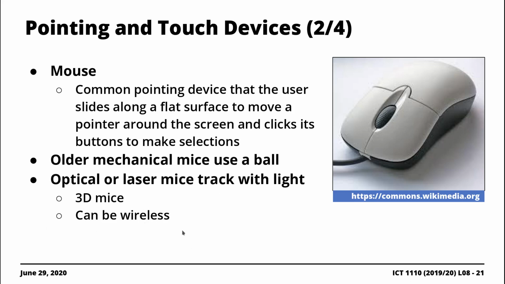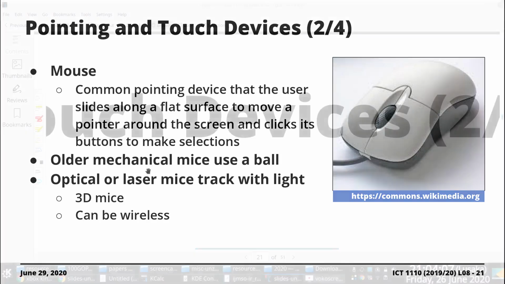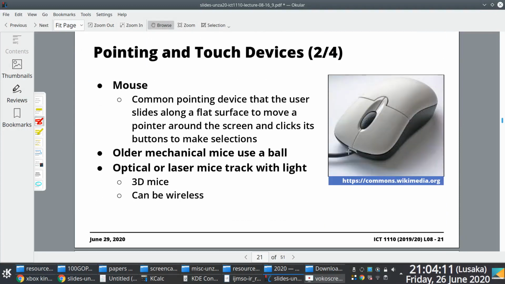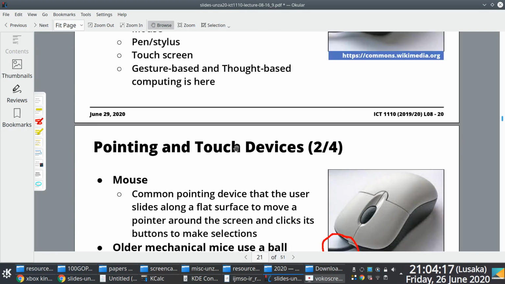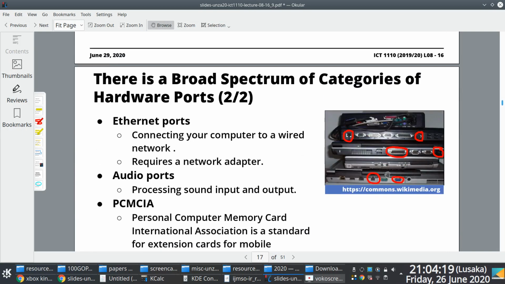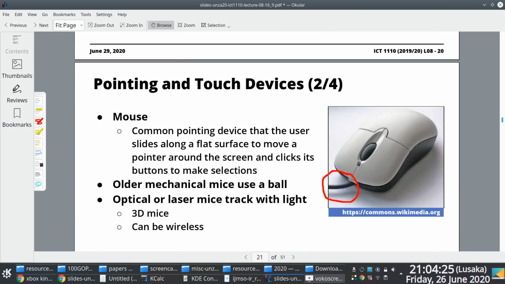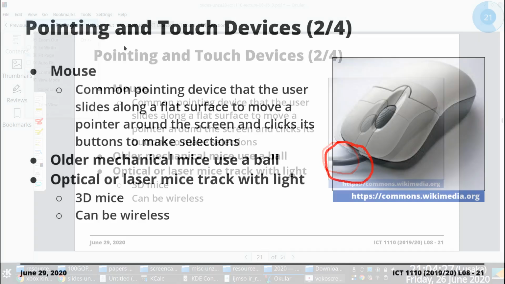This image is a screenshot of an older version of the mouse that would need to be connected to a computer using a wired connection, using this cable here. So you plug it in somewhere, probably either into here or maybe via a USB port.